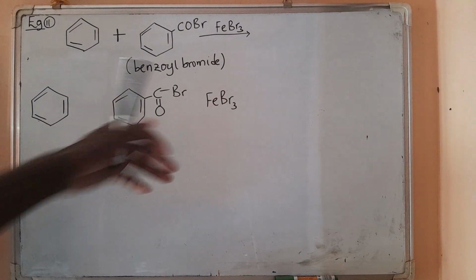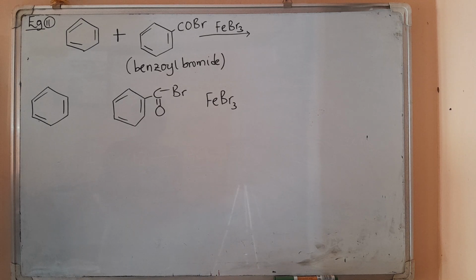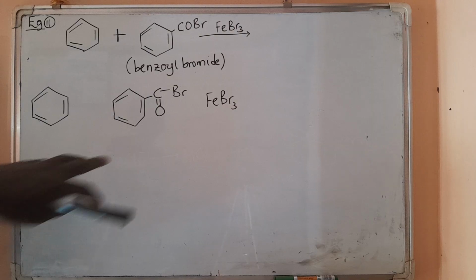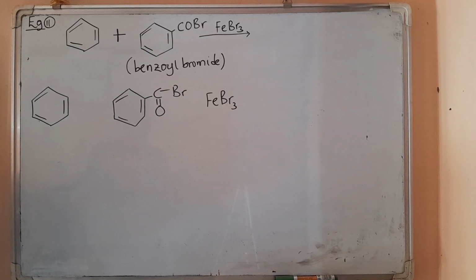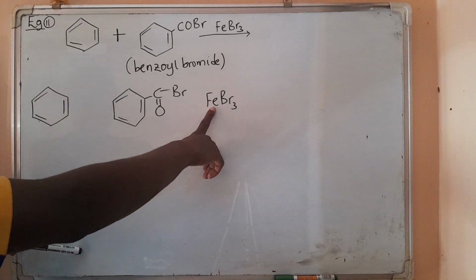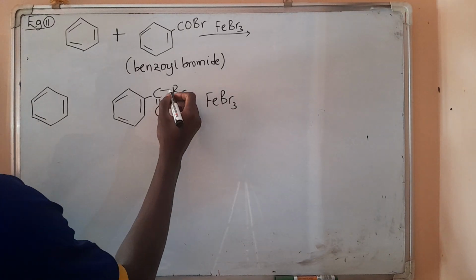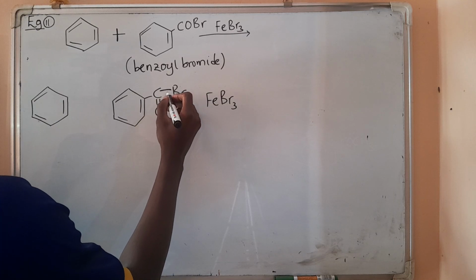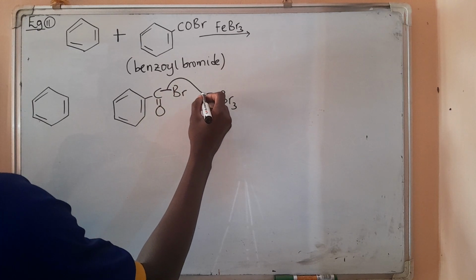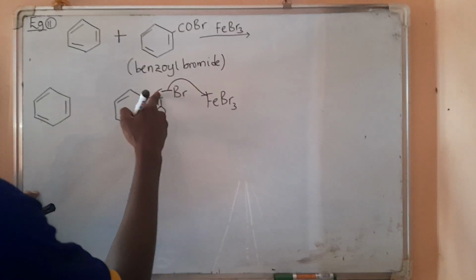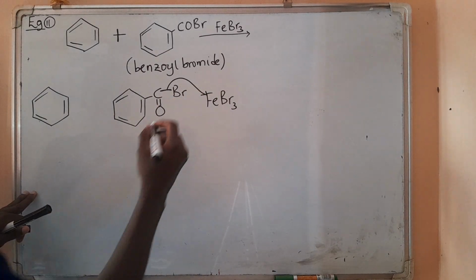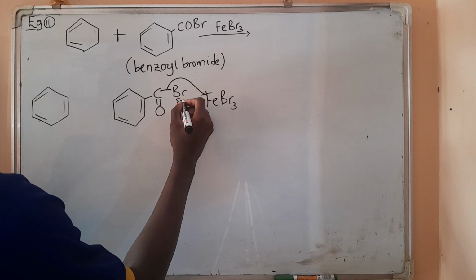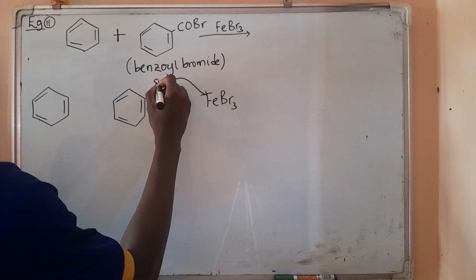Now the Lewis acid catalyst is electron deficient because the central metal atom has vacant orbitals which can accept a pair of electrons. So since it is electron deficient, here we have a polar bond. Bromine pulls electrons towards itself and donates them to the central metal atom. Then this carbon as well becomes electron deficient. In simple terms, this has a partial negative charge, this has a partial positive charge.